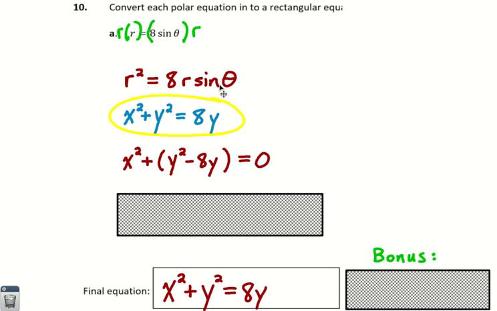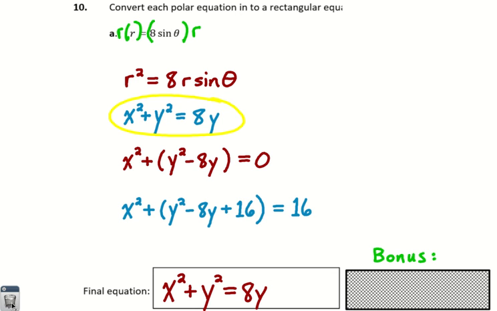Like, what could you add inside the bubble here that would make it a perfect square trinomial that you could unfoil into the same two bubbles? And it turns out that number is 16. That magic number is 16.